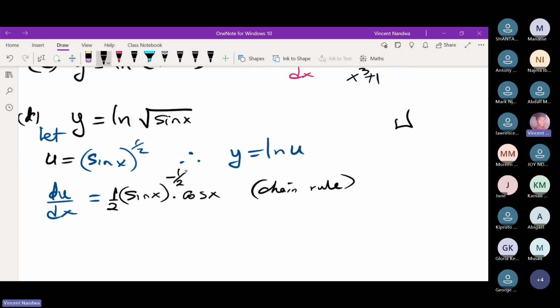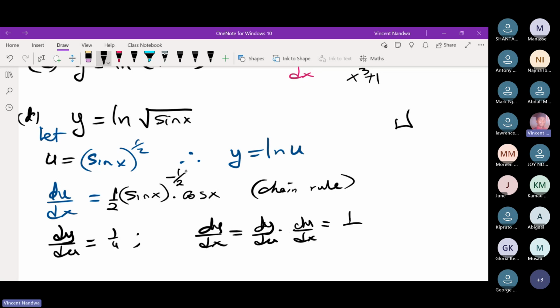Then dy du is 1 over u. So by chain rule, dy dx is given by dy du times du dx.